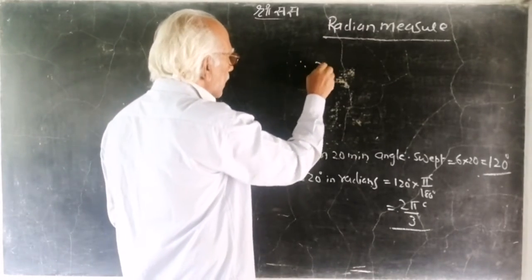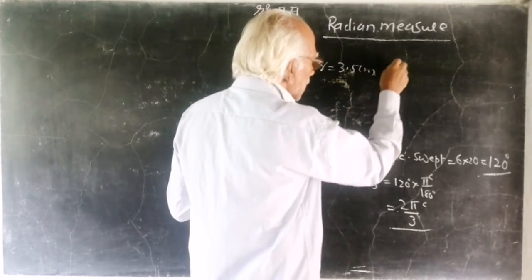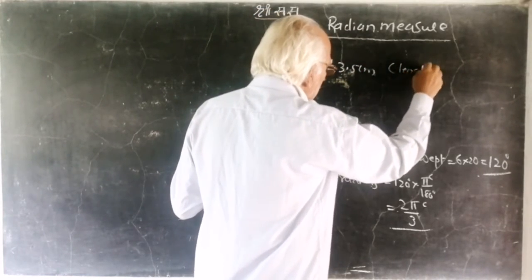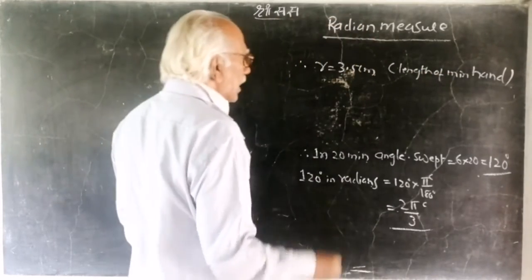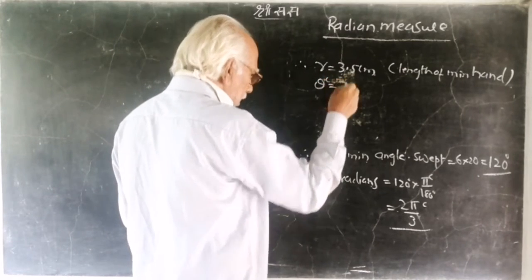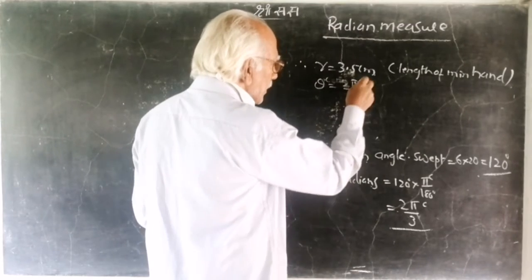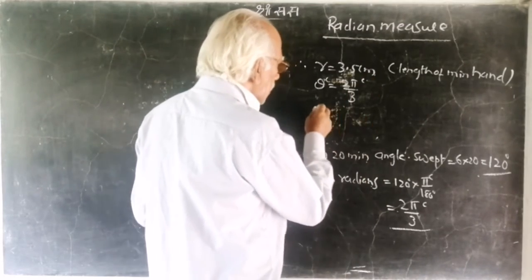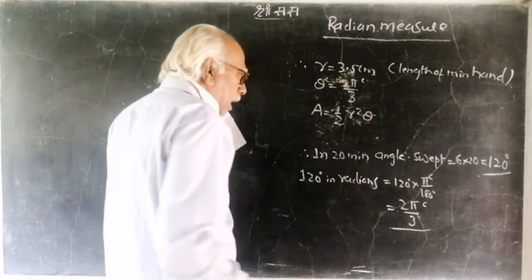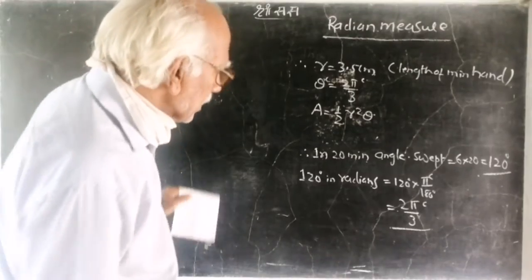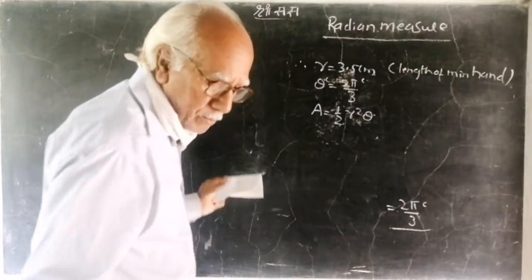Therefore, r is equal to 3.5 centimeters, that is the length of the minute hand, and that theta in radians is equal to 2 pi by 3 radians. So what is our formula? A is equal to half r square theta.